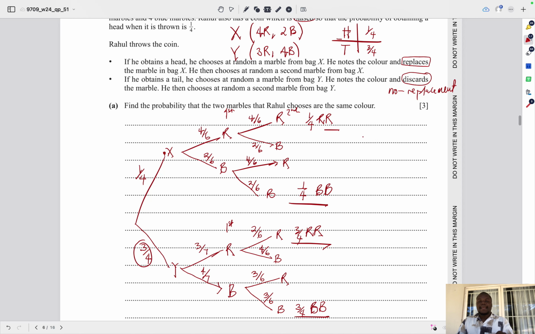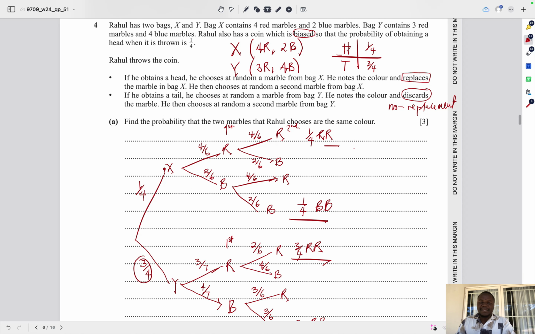Now red in the first part means 1/4 times the probability of picking red, 4/6, times 4/6, whatever that is going to give us. So we can actually do that using the calculator, 4/6 times 4/6 times 1/4 of choosing the X bag. So this gives me 1/9 this side.